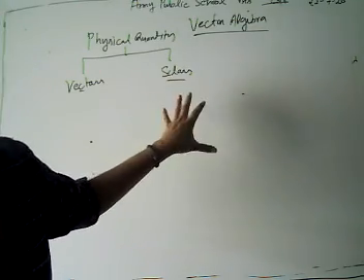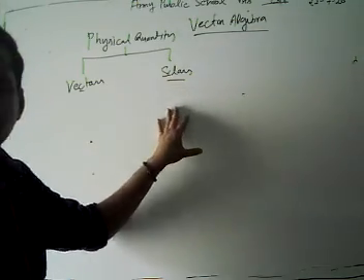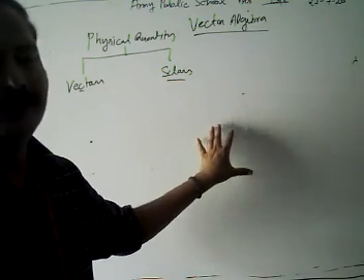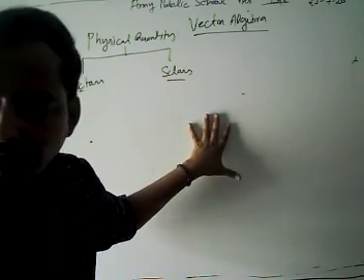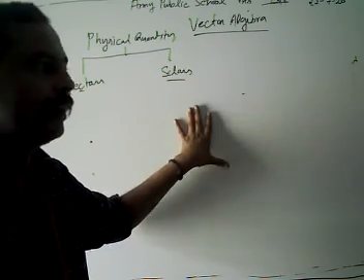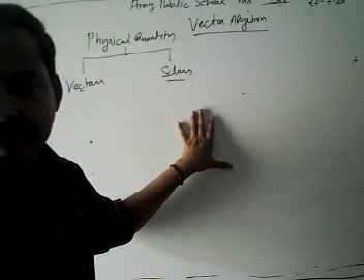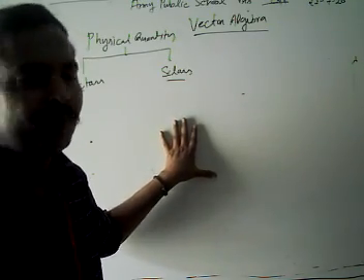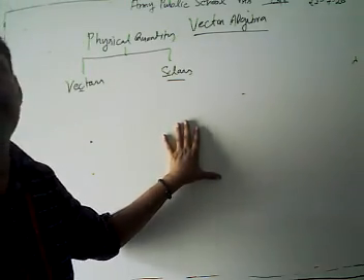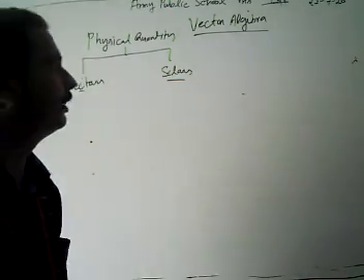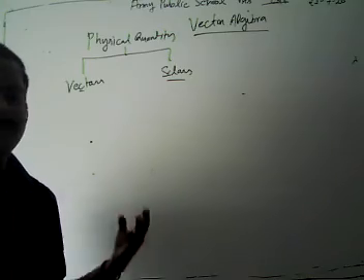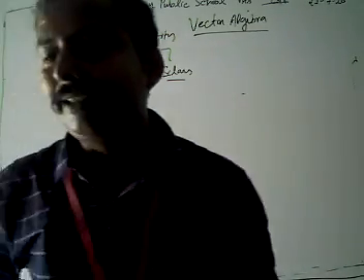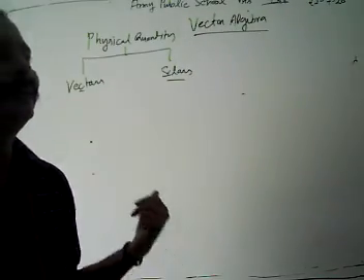Examples of scalar quantities: mass, length, speed. Our mass is a scalar, our length is a scalar, our speed is a scalar.